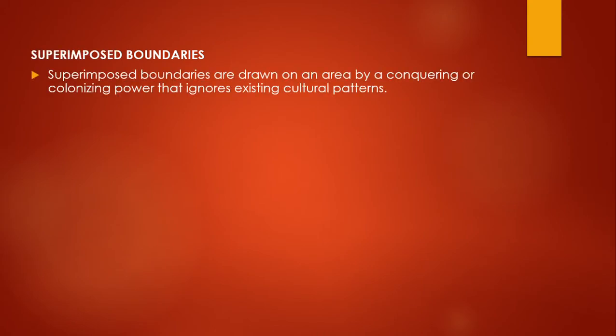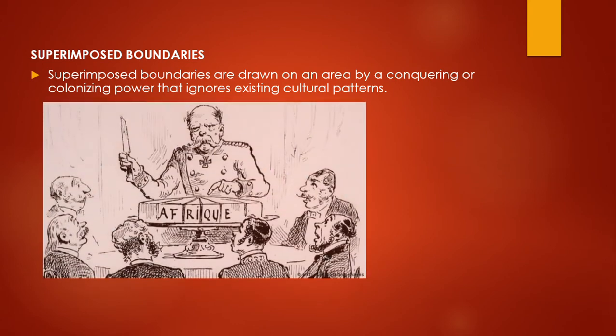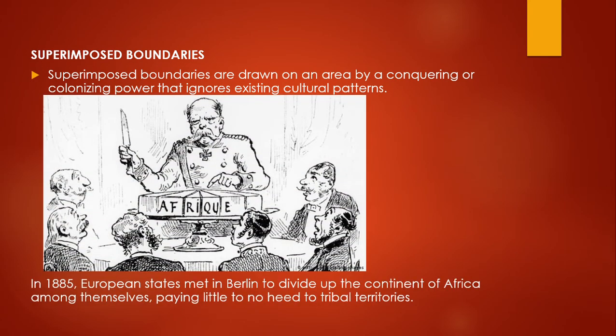How about a superimposed boundary? A superimposed boundary is drawn on an area by a conquering or colonizing power that ignores existing cultural patterns. So these boundaries are drawn through conquering. In 1885, European states met in Berlin to divide up the continent of Africa among themselves, paying little to no heed to tribal territories.